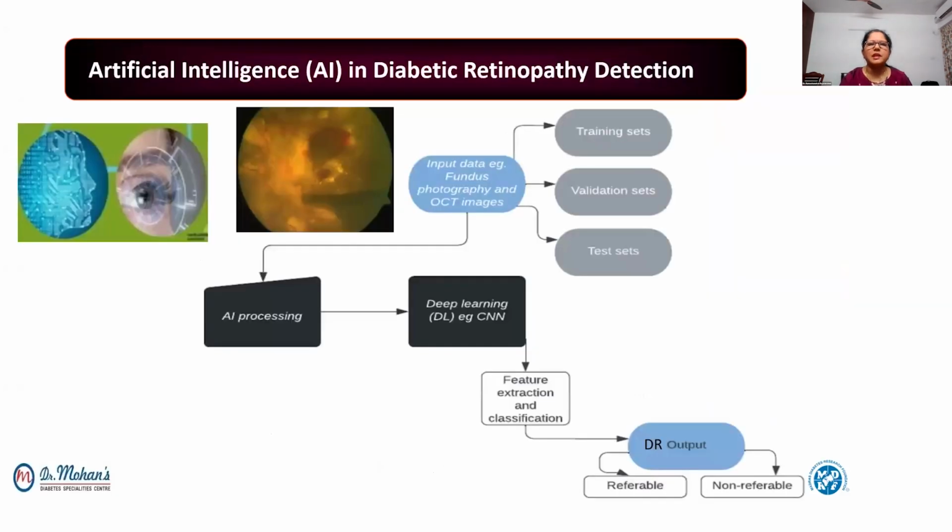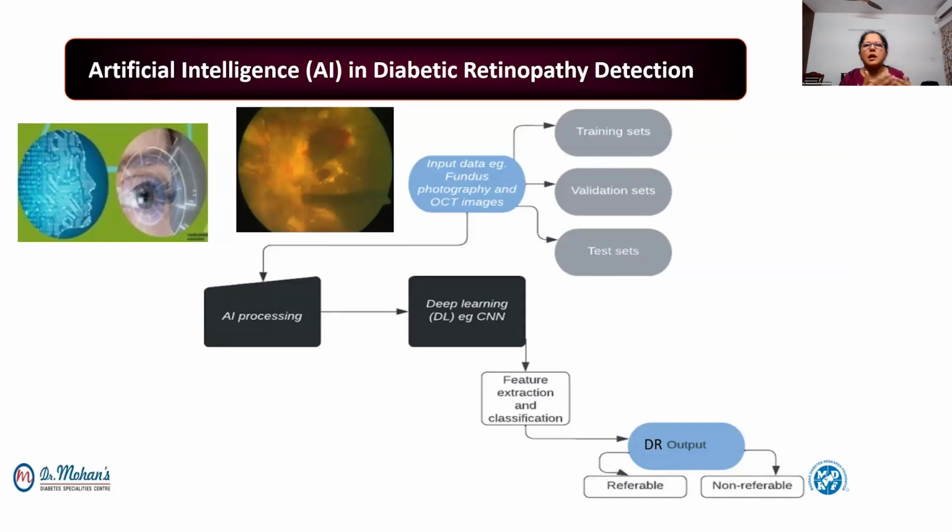So let us see how artificial intelligence actually works. Irrespective of whether it's a standard conventional camera image or a wide field camera image, the images are fed into the AI system. It can be the OCT images, the OCT angiography images, or a fundus photograph, and AI pre-processing of the image occurs. AI processing occurs using convolutional neural networks.